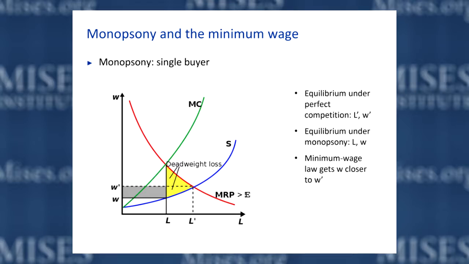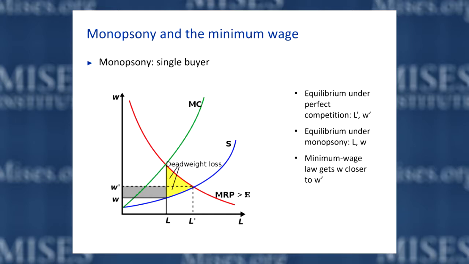Rather, that monopsony buyer chooses what quantity to buy by looking at where the marginal revenue curve intersects the marginal cost curve of labor. And the marginal cost of labor under monopsony is greater than, and increases more steeply than, the supply curve.